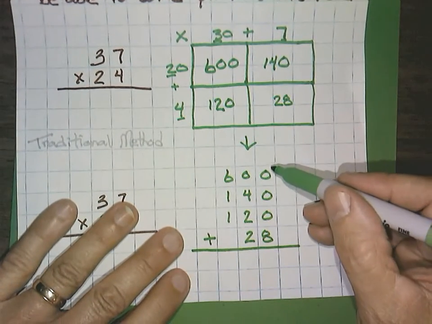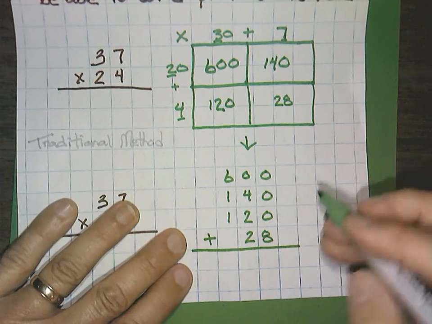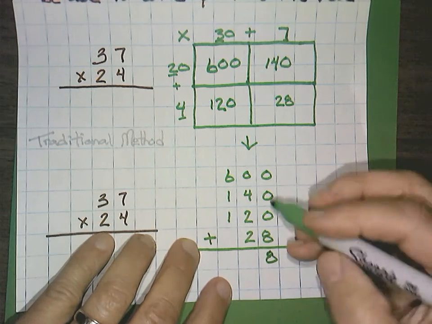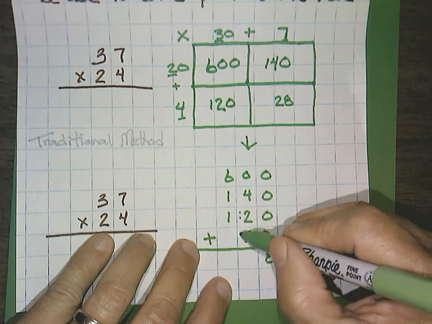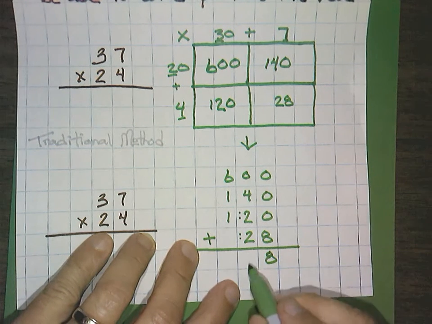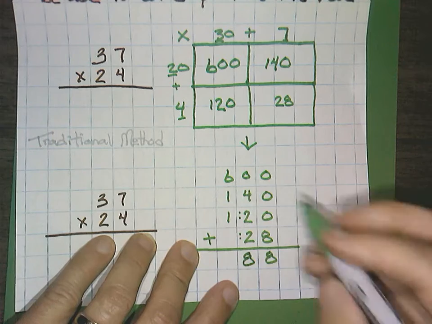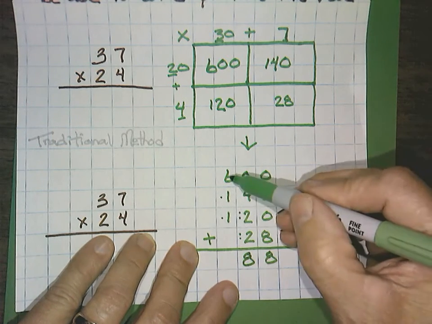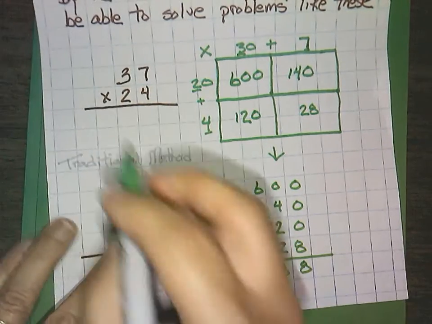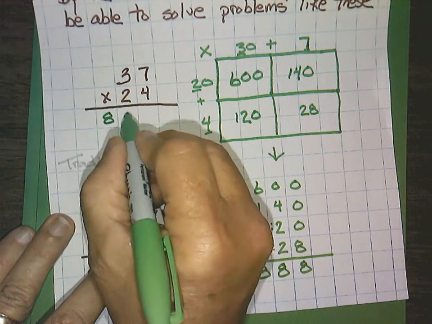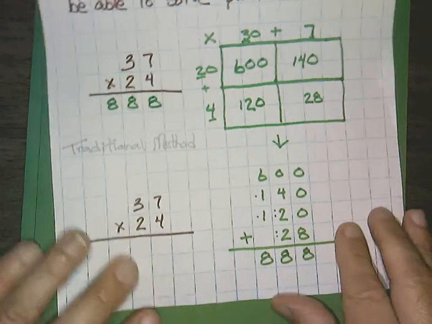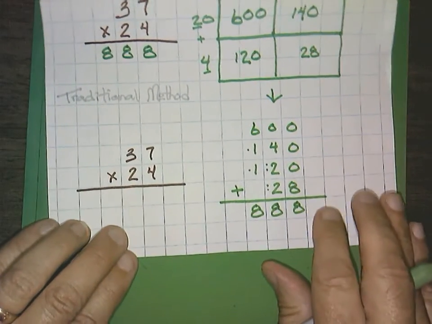In the ones column, 0 plus 0 plus 0 plus 8 is 8. I could use a pin dot strategy here. 0, that's 4, 5, 6, 7, 8 again in the tens. 6, 7, 8. So our product would be 888.